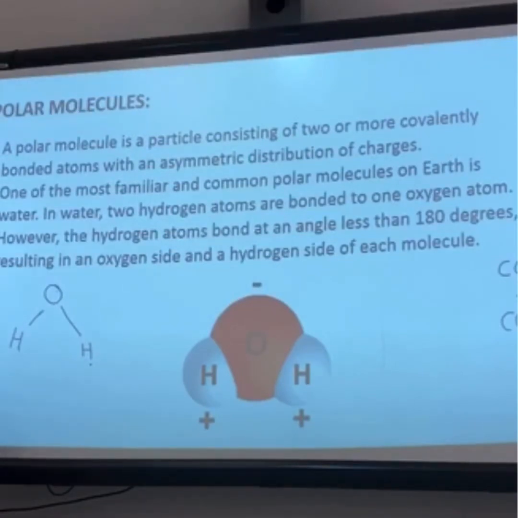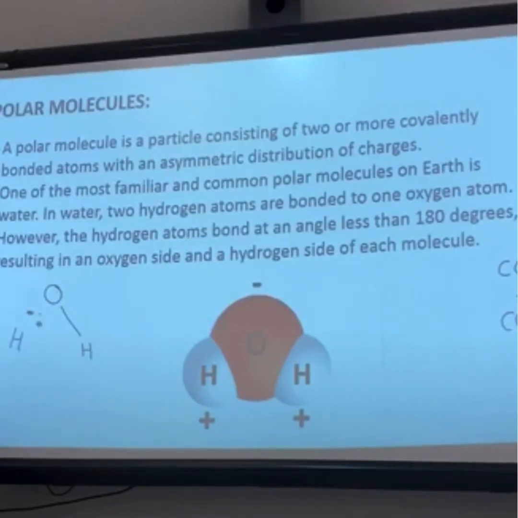Oxygen is relatively electronegative, which is not really a word I want you to worry too much about. What it means, though, is that oxygen is quite good at attracting electrons. Hydrogen is not so good at attracting electrons. In this covalent bond, they're sharing electrons, so this line really is the sharing of two electrons.